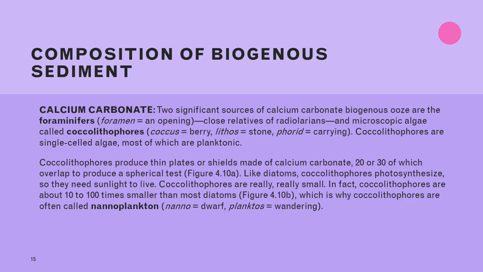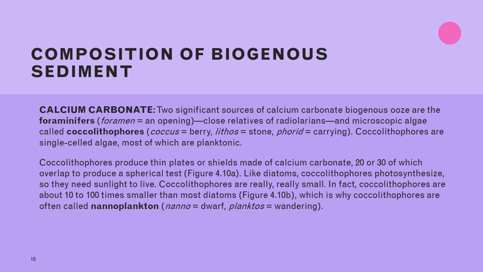Coccus means berry, lithos means stone, and phoros means carrying. So coccolithophores are single-celled algae, most of which are planktonic. They produce thin plates or shields made up of calcium carbonate, 20 or 30 of which overlap to produce a spherical test. We'll see a figure, it's very beautiful.